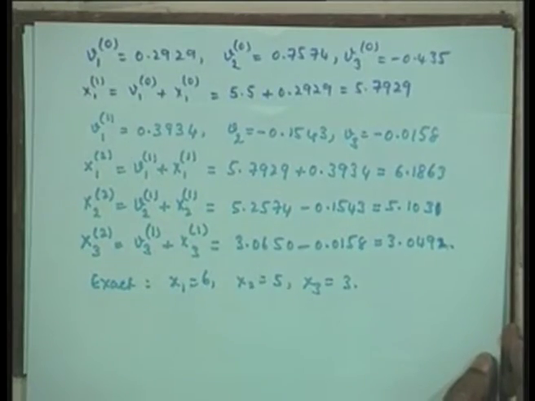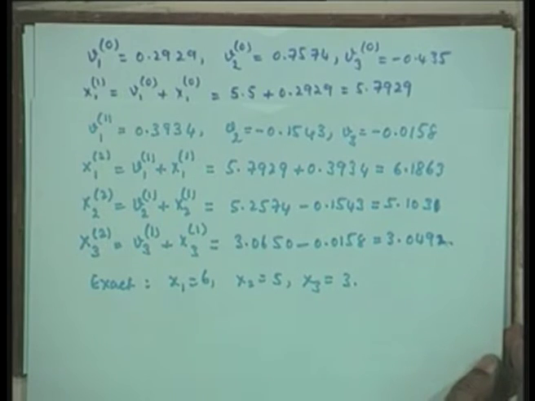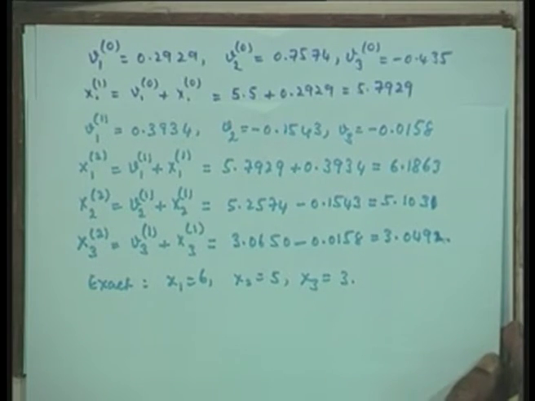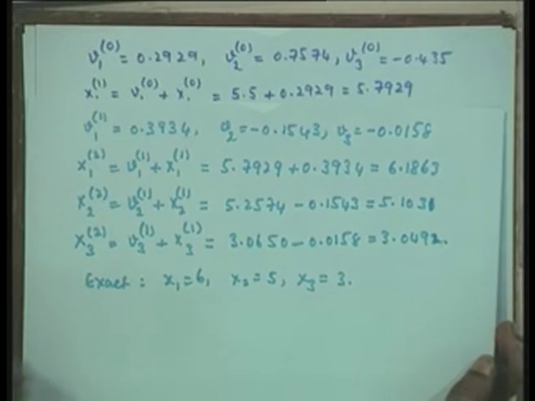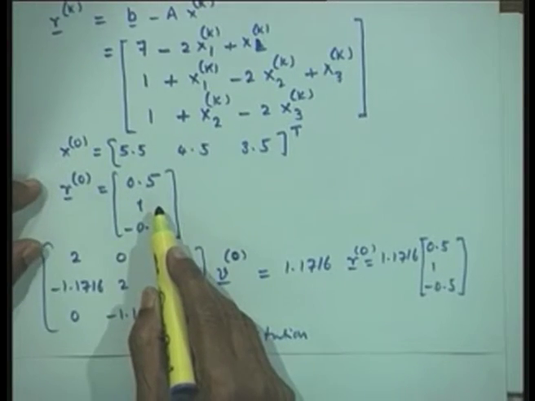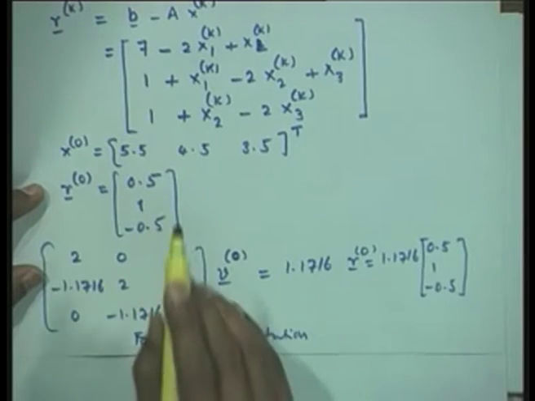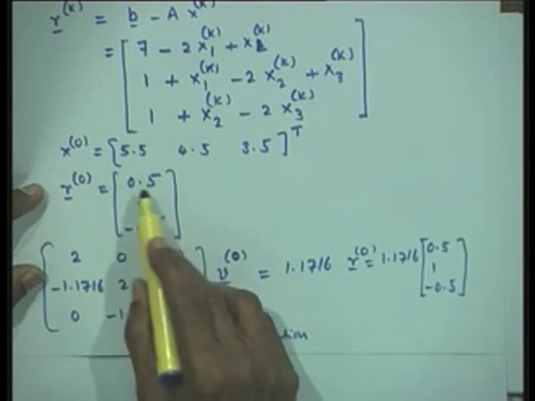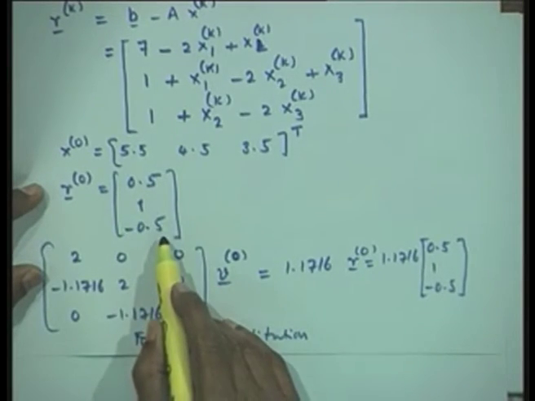Now, the interesting observation that we would like to make here is that the convergence is so fast. Look at this particular value R0. This is the error in satisfying our given equations, that is 0.5, 1, minus 0.5.